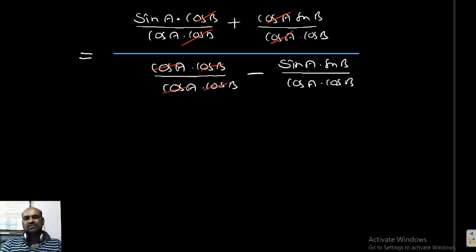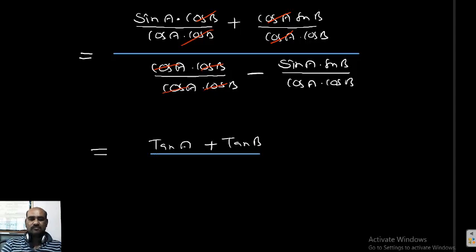Okay. So, what we will get, I will write, students. Equal to sin A by cos A, that is tan A, plus sin B by cos B, that is tan B, divided by 1 minus sin by cos A, tan A into tan B. Now we got the formula. Now I will write it last.